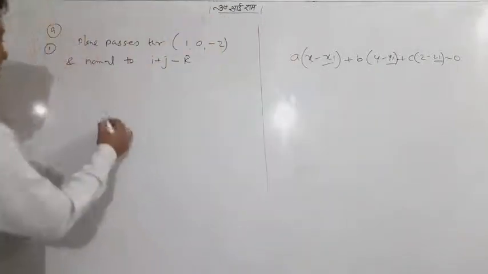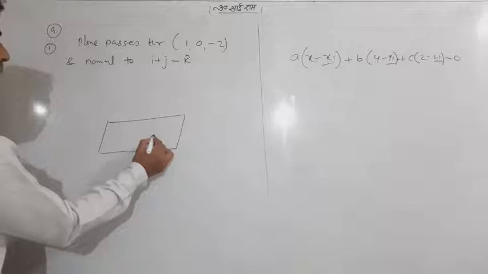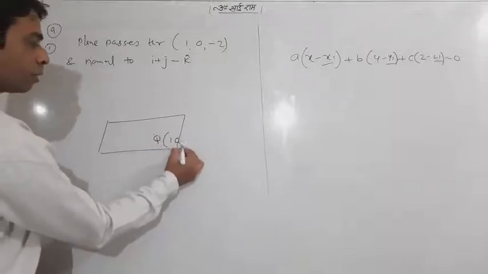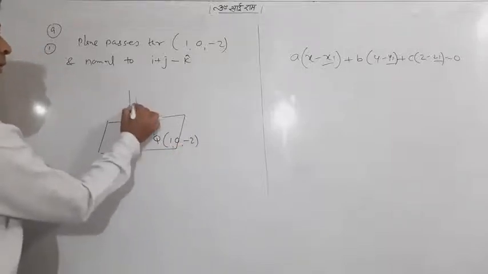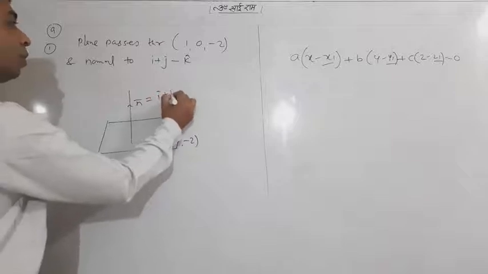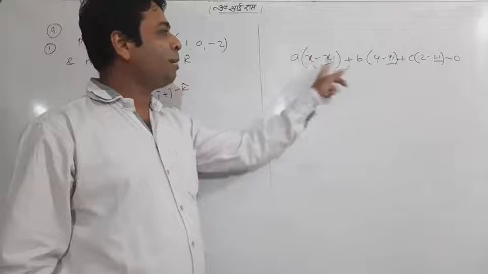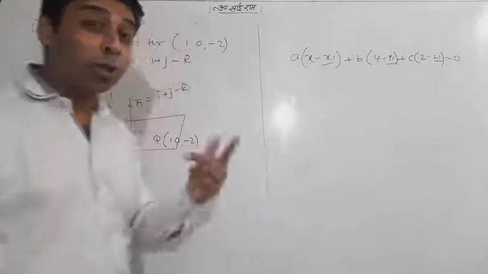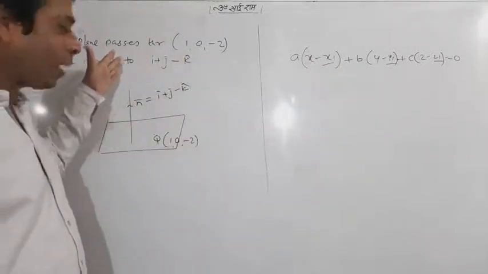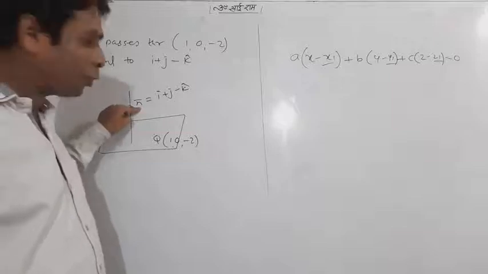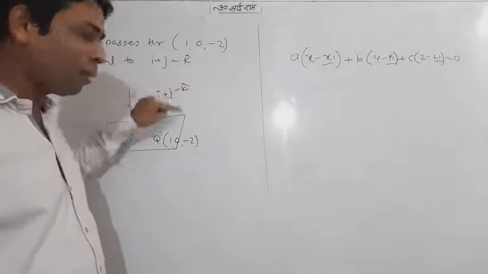So can you make the picture? This is a point by which the plane passes, and this is a normal vector which is n. If I ask you for the required plane, what is abc? The ratio of the normal of the plane. What is normal? This is normal, whose ratio is 1, 1, minus 1.